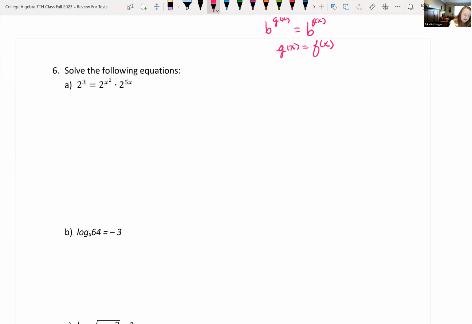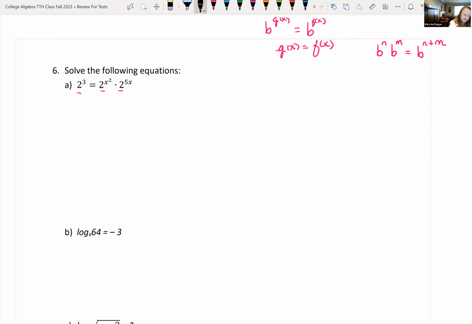So I can manipulate these bases to be the same. The problem is on the right-hand side, I have 2 raised to the x squared power times 2 raised to the 5x power. I'm going to use rules of exponents here, that if I have the same base and I'm multiplying, the rule of exponents is you have the same base and then you would add your exponents. So b raised to the n power times b raised to the m power is equal to b raised to the n plus m power.